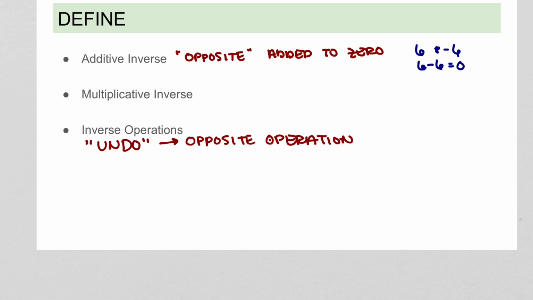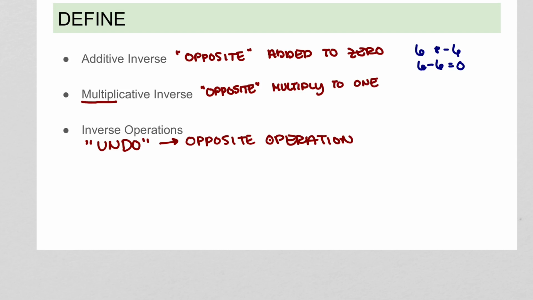Okay. Well, what is a multiplicative inverse? Let's think about that for a minute. What do we see here in the beginning of this? Multiply. So if we're thinking about what is the opposite again, but this time we don't want it to go to 0. We want it to equal 1. So it's what you're going to multiply to a number that will multiply to 1.